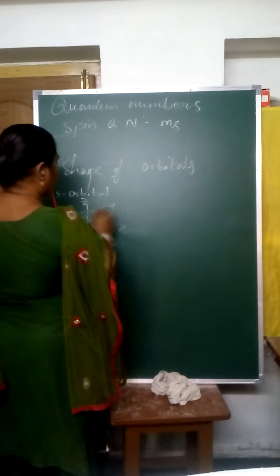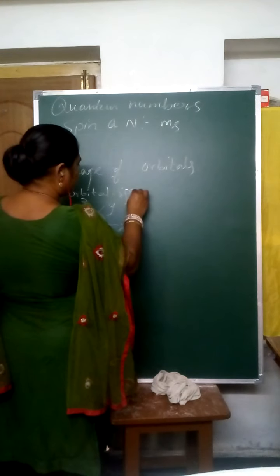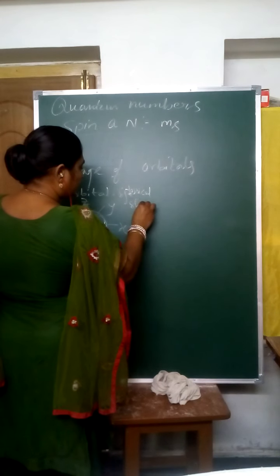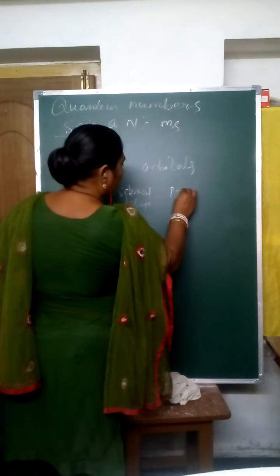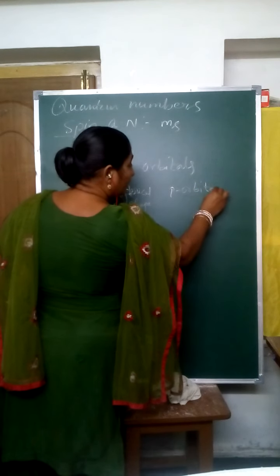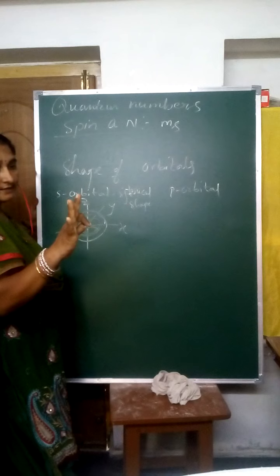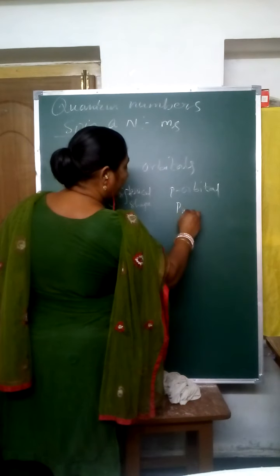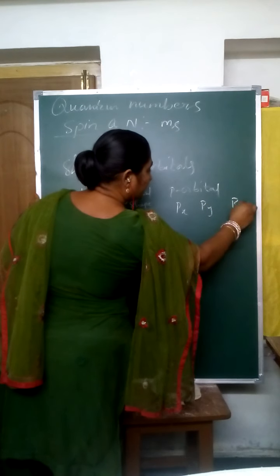And the p orbital. Already I told you p orbital means there are three suborbitals, that is px, py and pz.